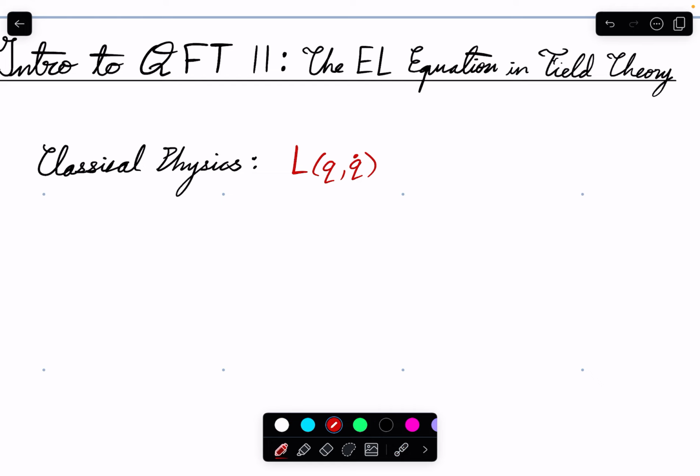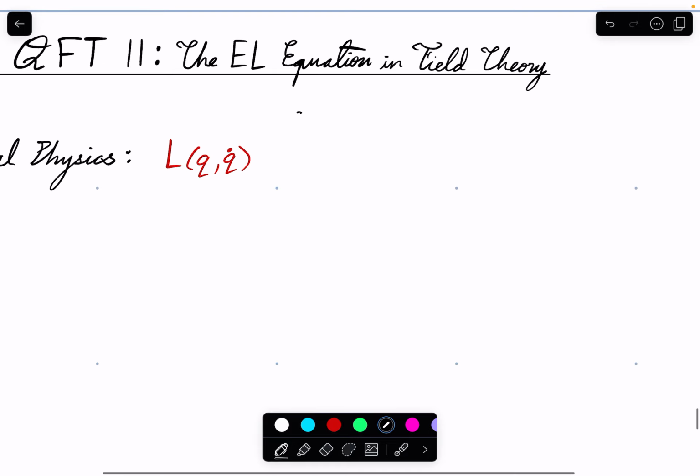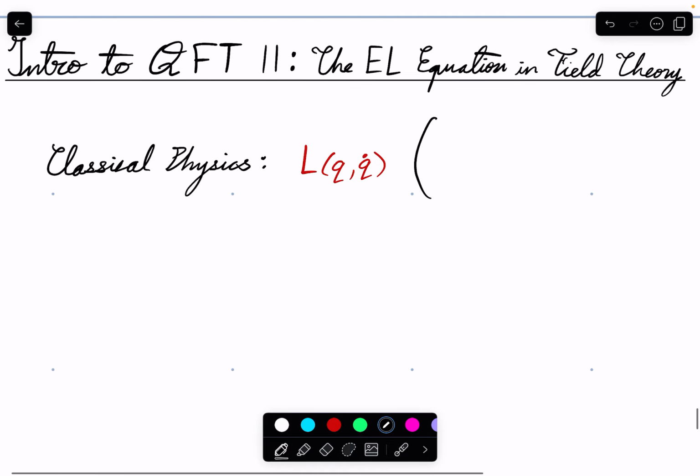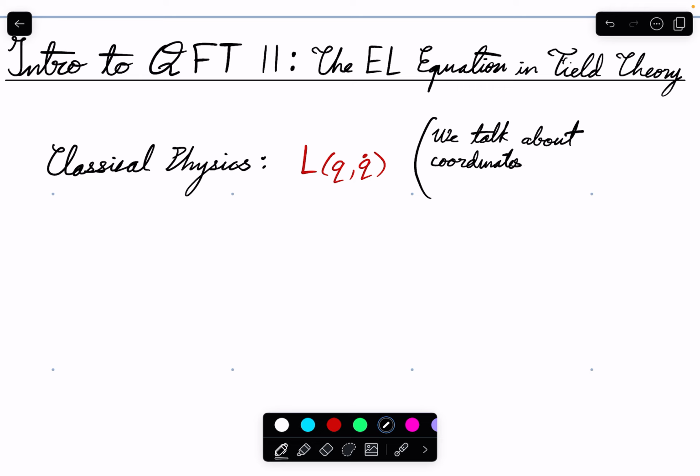So we talk about, in classical physics, generalized coordinates and velocity.